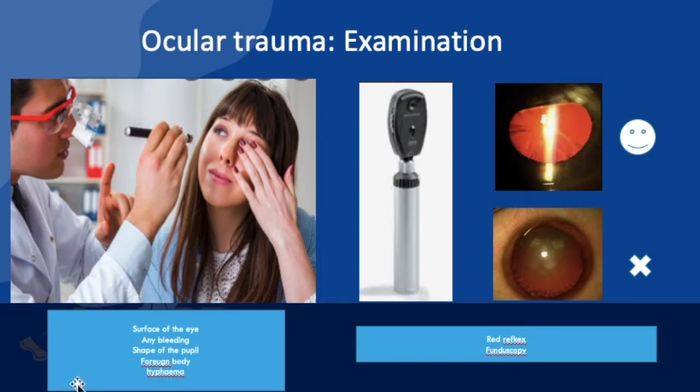At the same time, with the torch, we can also assess what we call a relative afferent pupillary defect, the reaction of the pupil to the light that you shine into the eye. In a normal situation, when you shine a bright light, the pupil should constrict to the size of 2 to 3 millimeters, and sustain that constriction as long as you shine the light.